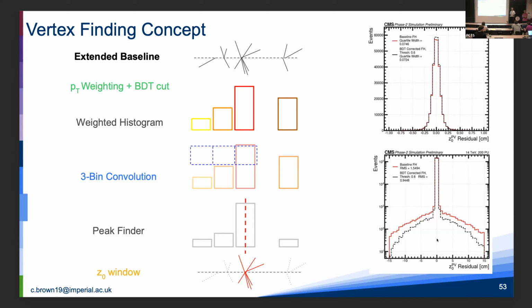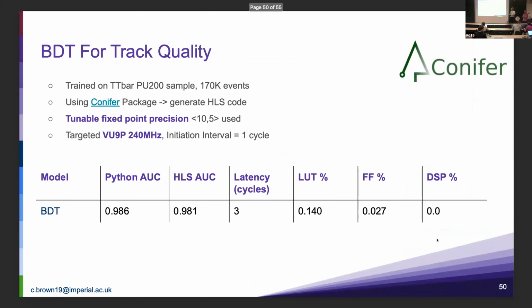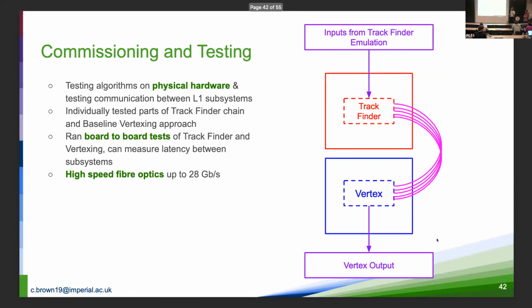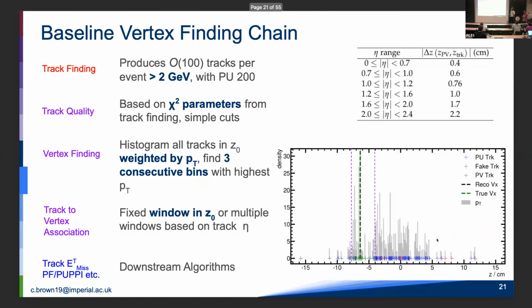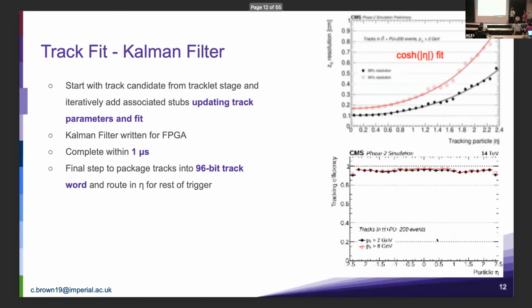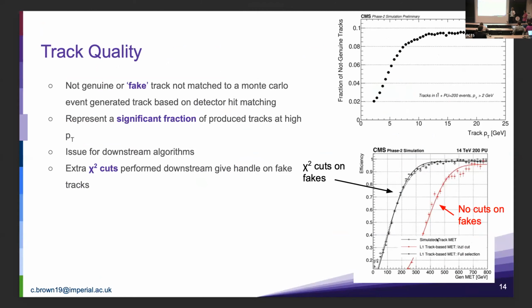Could you elaborate a bit on the fakes at high pT? Because I would have expected the opposite behavior, where you are more dominated by low pT. There's probably a plot I can show, which is the useful one. So this is perhaps a little bit misleading. It just shows the fraction of non-genuine tracks across pT.